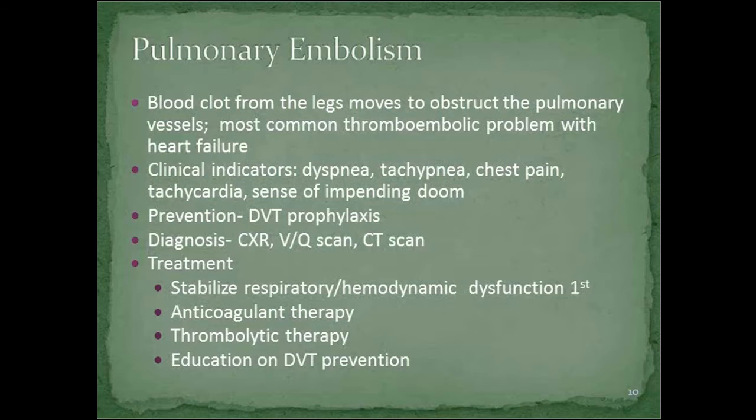Okay, so where we had the thromboembolism was related to AFib, intracardiac clotting from AFib. Our PE is reduced contractility. It's from reduced pumping action of the heart as the result of the heart failure that forms blood clots in the legs.